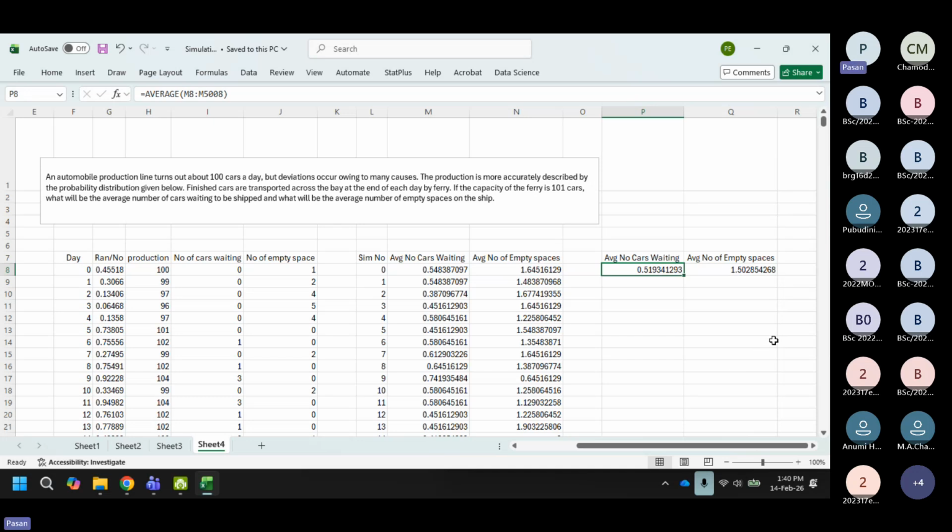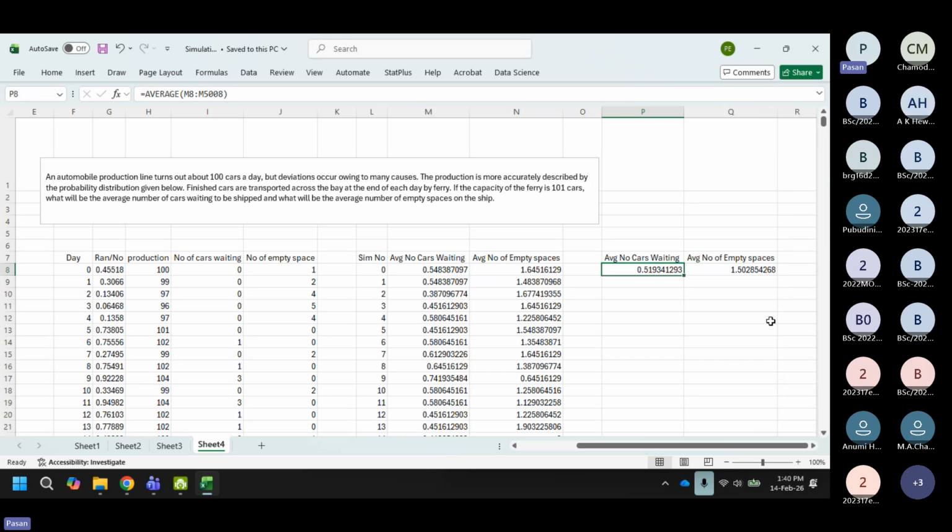In general with this particular distribution, on average we are waiting only for around 0.5 of a car. So that means in general we don't have to wait too much. It's only half of a car, so not too many cars are regularly going to be waiting.